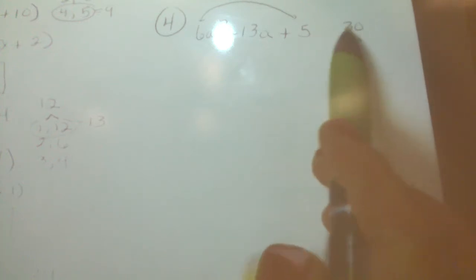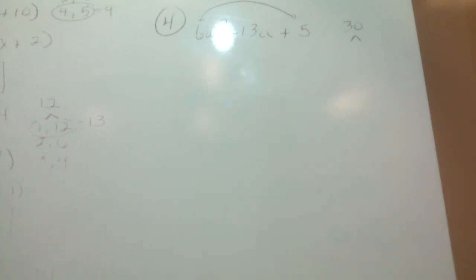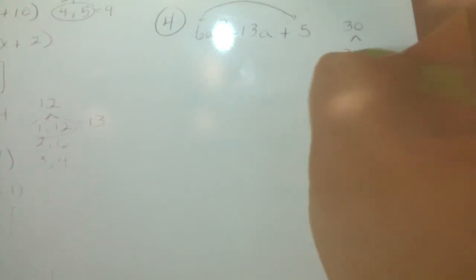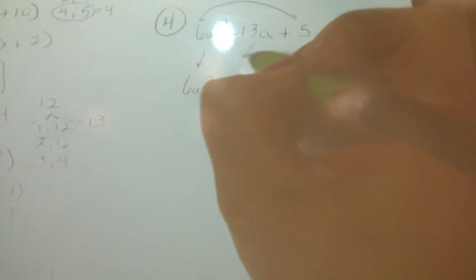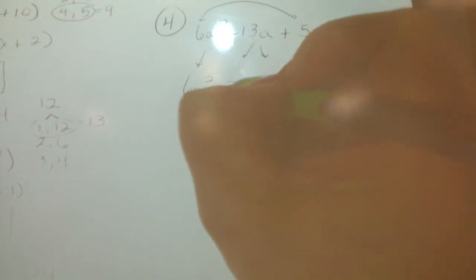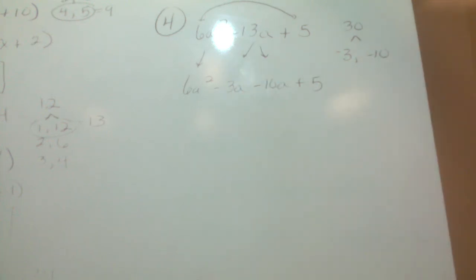Now, it's a positive 30, but the middle term's negative. That means I need to list negative factors. So instead of me listing them all, I'm going to try to think which one's going to work. I'm going to do negative 3 and negative 10. So when I rewrite this, this is 6a squared. Instead of minus 13a, I'm going to put minus 3a minus 10a plus 5.